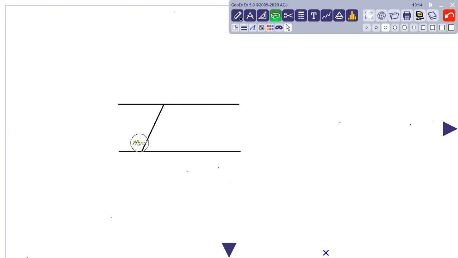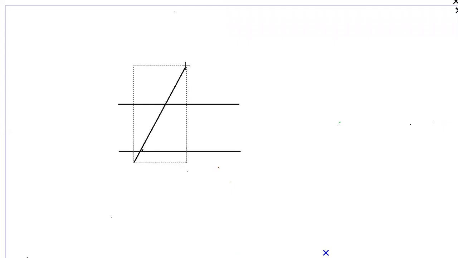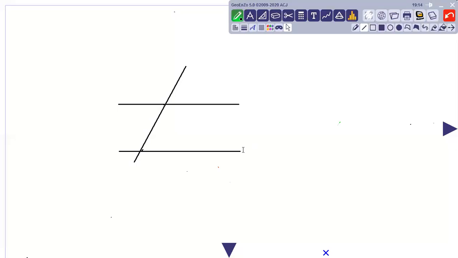Let me extend this line so that we can have a complete picture. Let this line be called L, this line be M, and this line be called N.